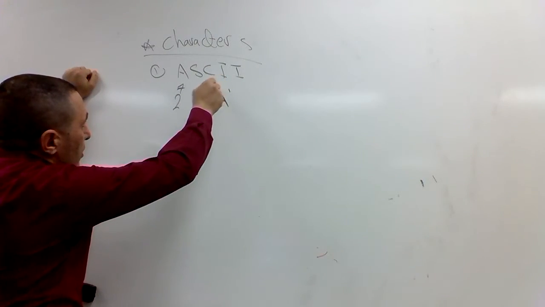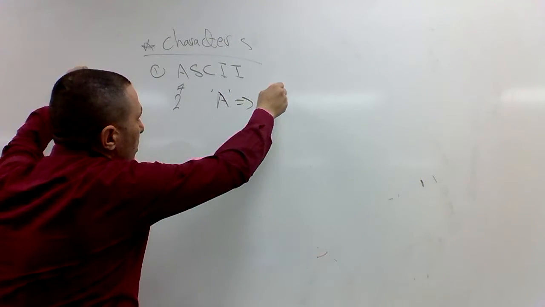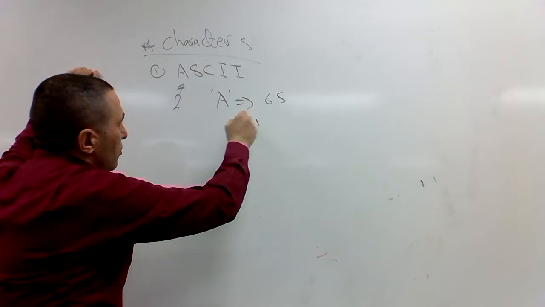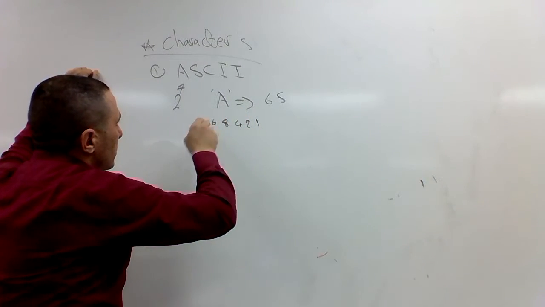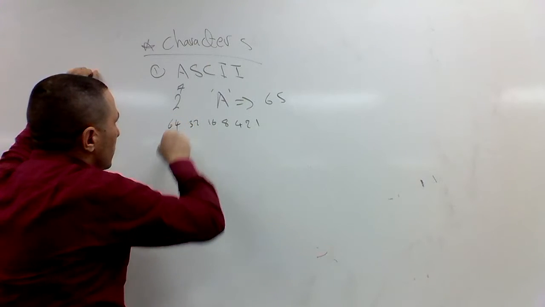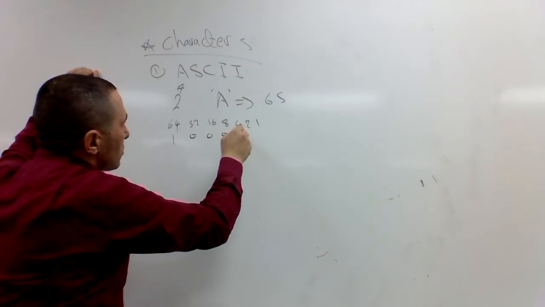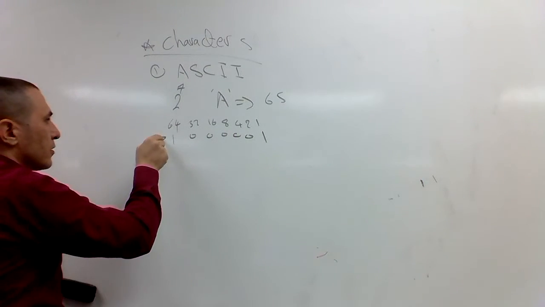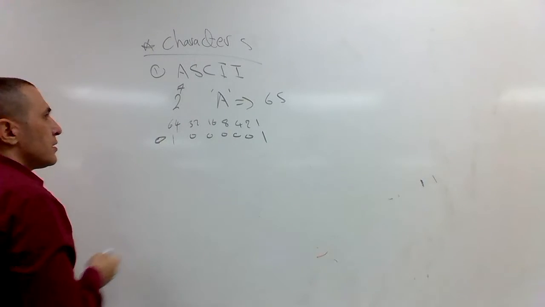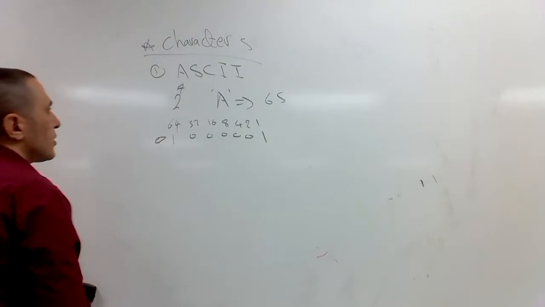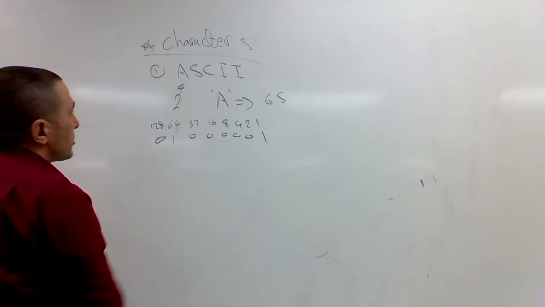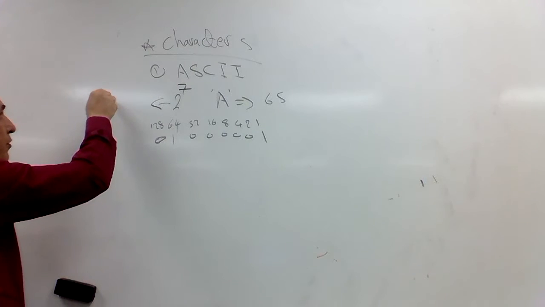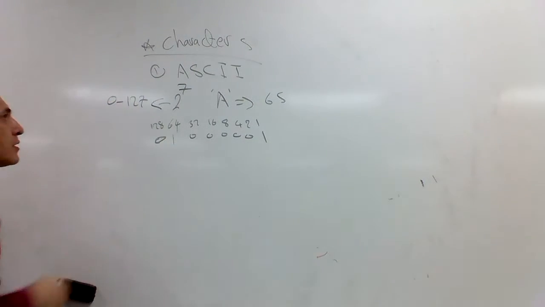A is represented as 65 decimal, which is 1, 2, 4, 8, 16, 32, 64, that's 7 bits. This is a capital A, having a value of 65. 2 to the power 7 gives a range of 0 to 127.